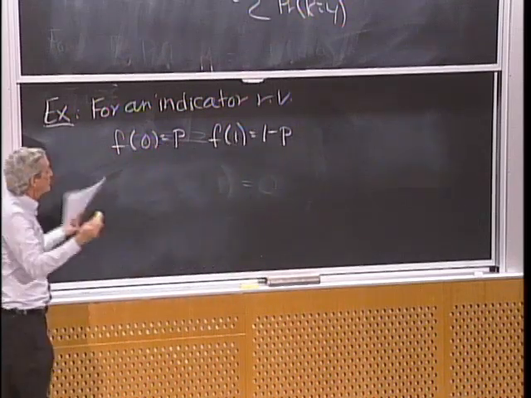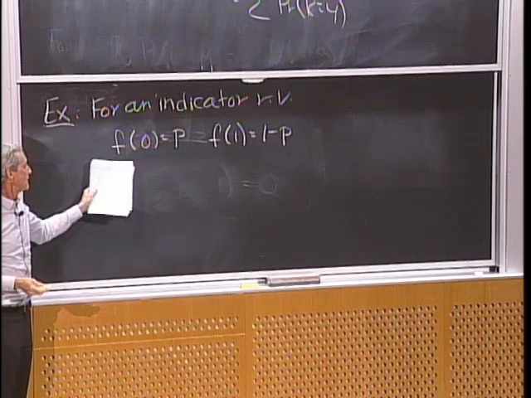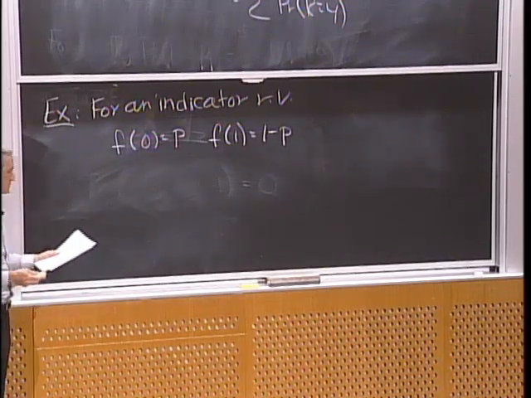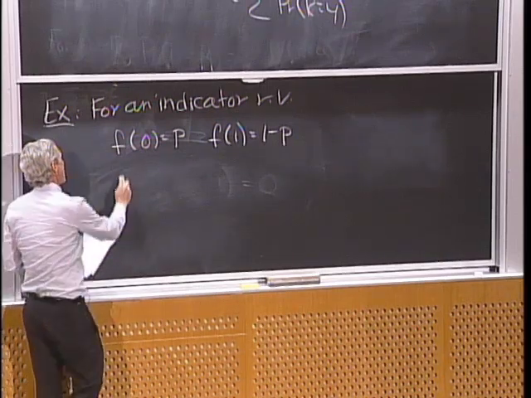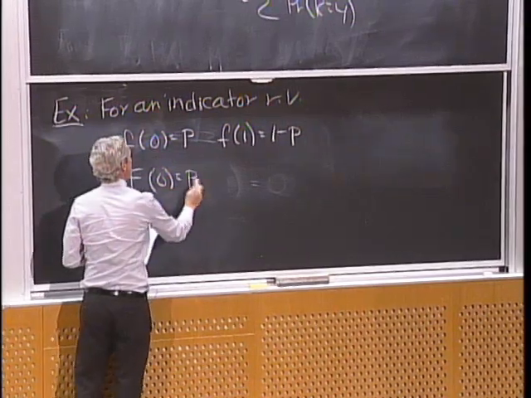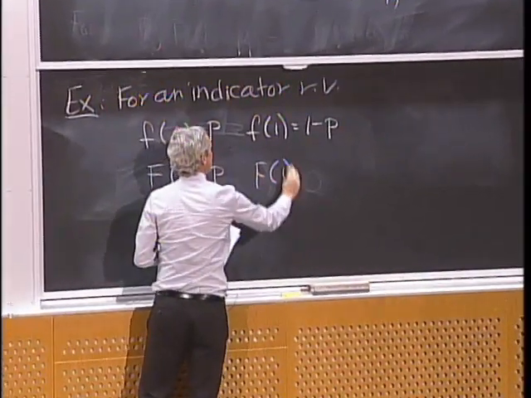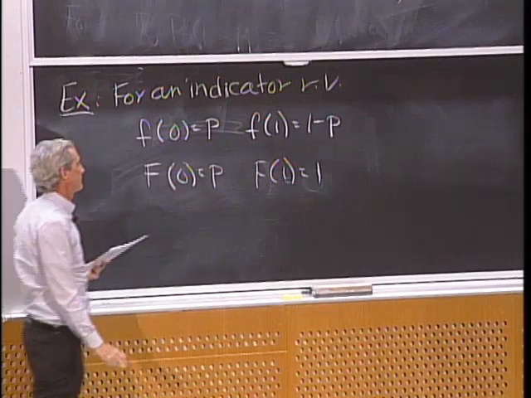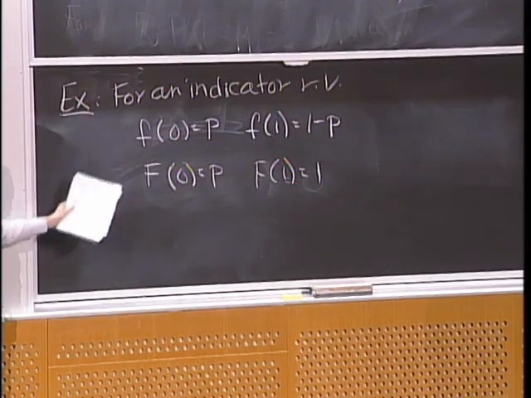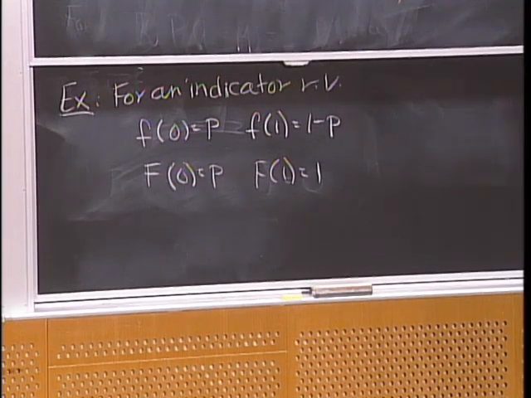All right, the probability could be half if you're flipping a coin. Probability of heads could be a half, probability of tails would be a half. It's just 2 values, 0 and 1. And then the cumulative function is very simple. Big F of 0 is p, big F of 1 is 1. All right, so that is about as simple a function as you can get.